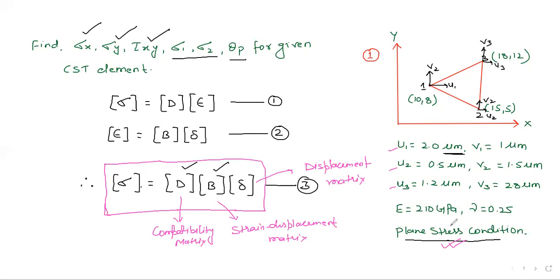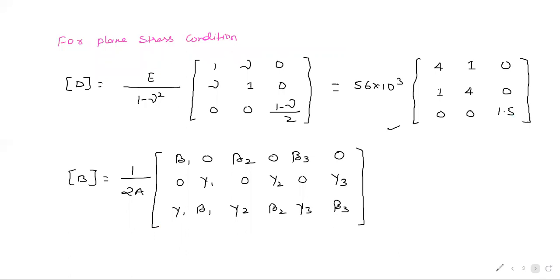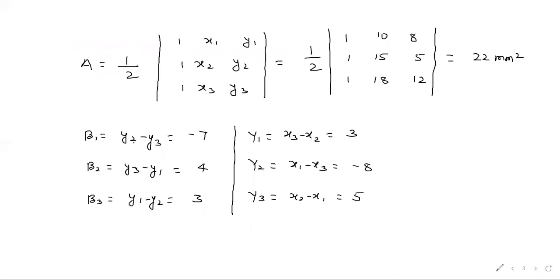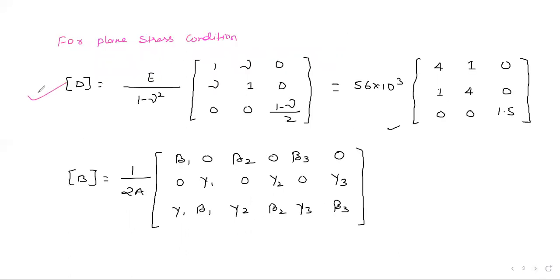Now coming to this, if in place of plane stress condition they mention plane strain condition, they can ask that also. In place of plane stress, they can give plane strain. So nothing is going to change. Whatever process we have followed, the same thing we will follow. Only this D matrix is going to change.